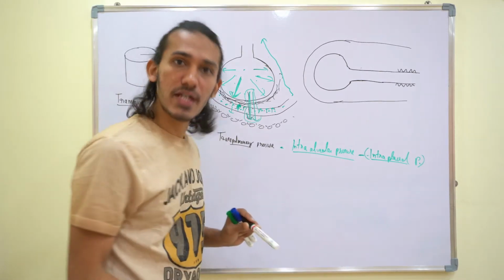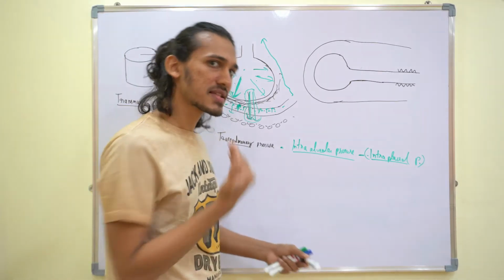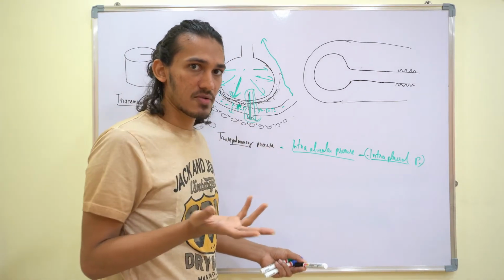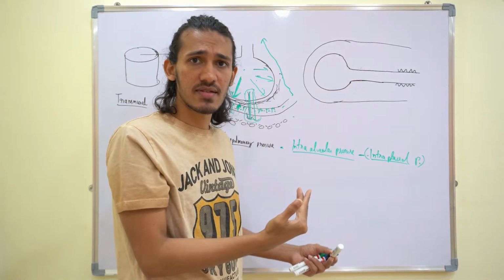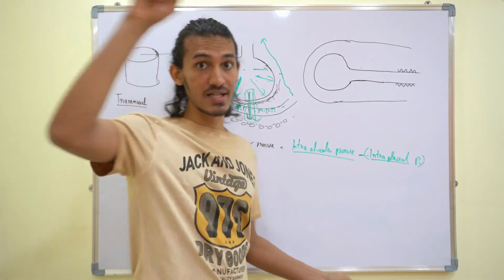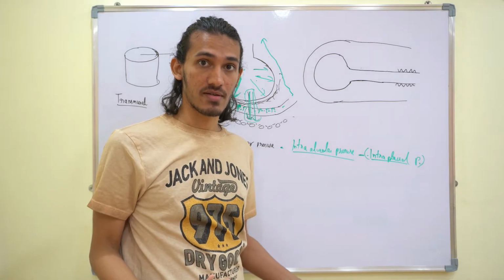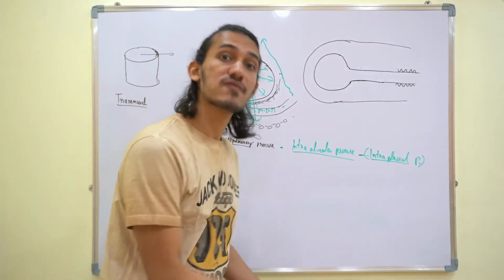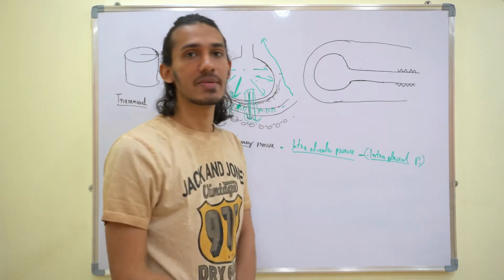But what about expiration? Normal expiration is still passive, so it is still in the negative values. It doesn't go positive much. We've seen the diagram earlier where it goes back to minus 2.5 millimeter of mercury. But when you forcefully expire, it can go up to plus 30 millimeter of mercury.